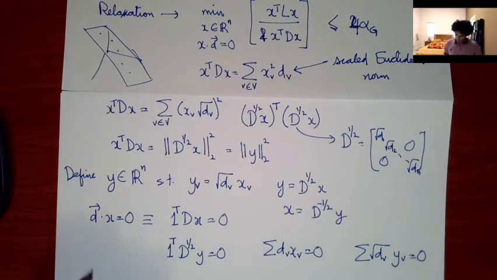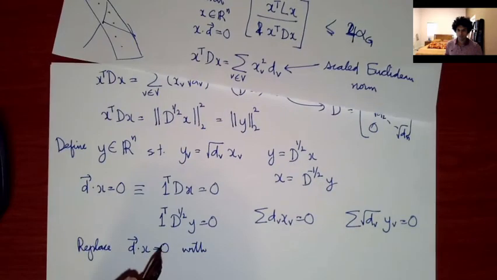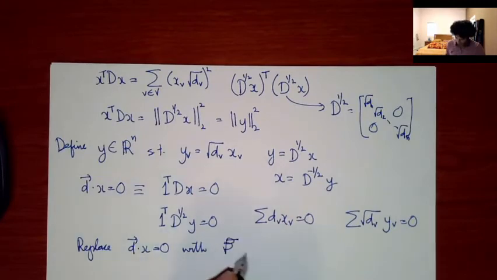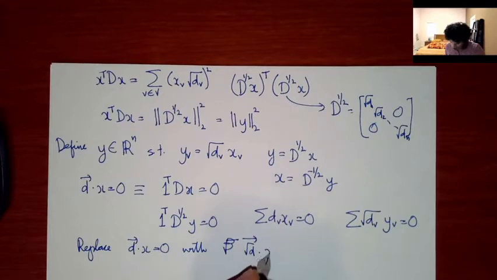So I replace the condition dx equal to 0 with, I'm just going to abuse notation, the vector of square roots dot y is equal to 0.